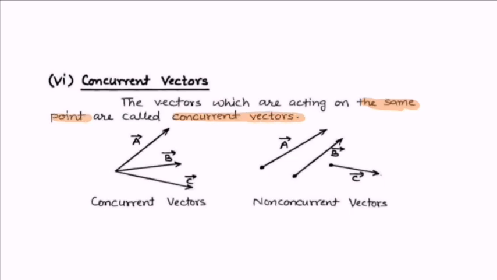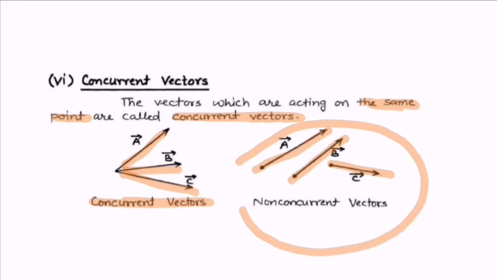In the first diagram, vectors A, B and C are concurrent vectors. But in the second diagram, vectors A, B, and C are not acting at the same point, so these are an example of non-concurrent vectors.